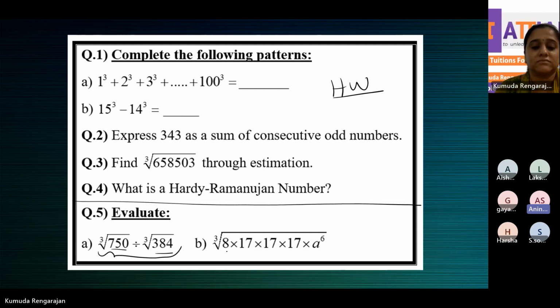So 17, since it's already in triplet, you will just write 17. 8, its cube root will be 2. And a raised to the power 6, the cube root will be a squared. When you multiply all of this, you'll get 34a squared. Very good.